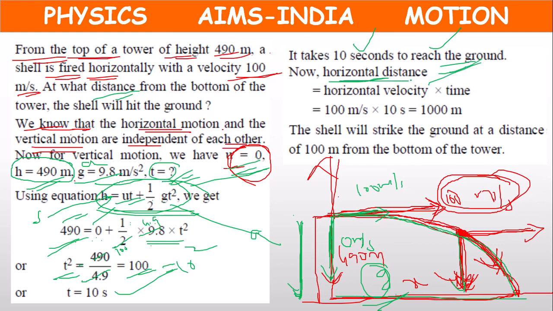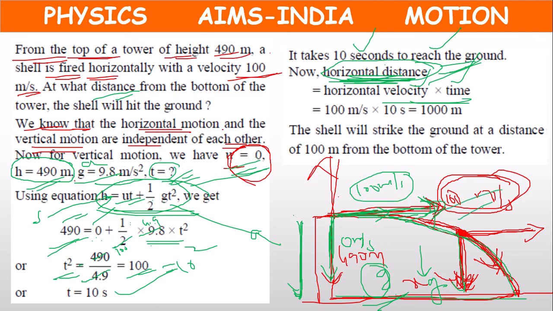Now, what is the horizontal distance traveled? In the horizontal direction, no other force is working, because acceleration due to gravity acts vertically, not horizontally. So the horizontal distance can be calculated with the normal formula, distance equals velocity into time. Why are we using the normal formula? Because there is no external force acting in the horizontal direction.